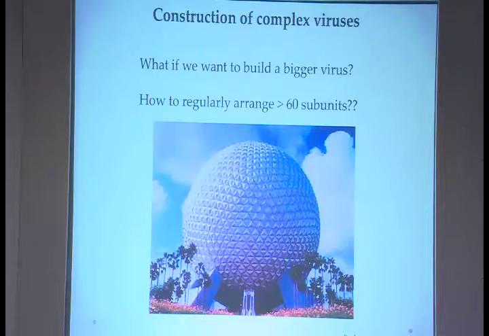Now, all viruses do not have only 60 subunits. Viruses have more than one type of protein, and all viruses are not equivalent in terms of size. There are smaller viruses, there are bigger viruses. So the question is, if you have more than 60 subunits and you want to build a bigger virus, how do you arrange it in the form of an icosahedron?